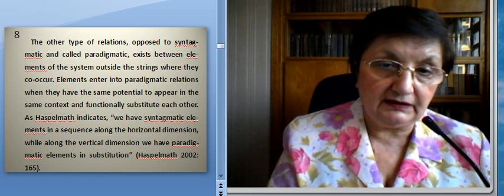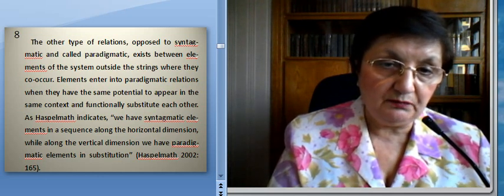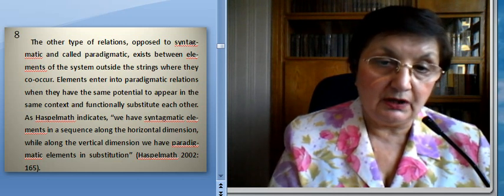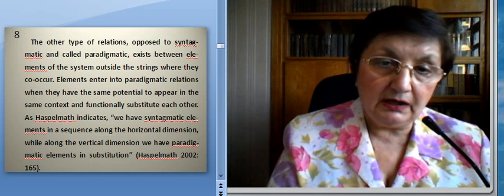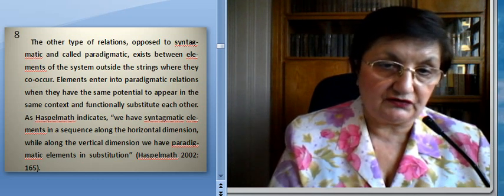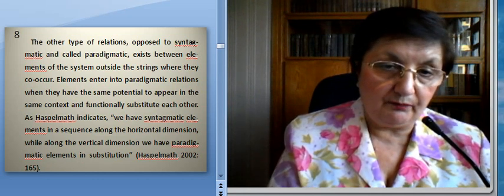As Haspelmath indicates in his book Understanding Morphology, we have syntagmatic elements in a sequence along the horizontal dimension, while along the vertical dimension we have paradigmatic elements in substitution.